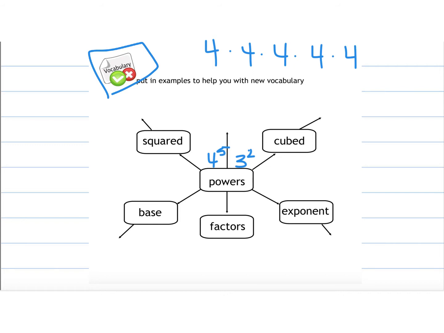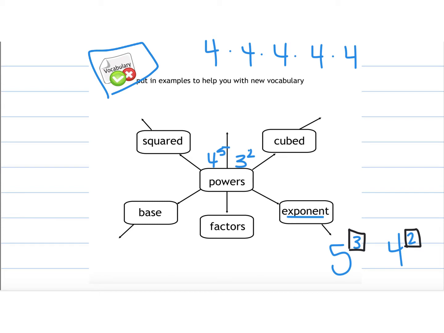Now coming off of that is exponent. The exponent tells us how many times we are going to multiply the number. So if we have 5 to the power of 3, the exponent is this number up above. If I have 4 to the power of 2, the exponent is this. That's telling us how many times we are multiplying the number.